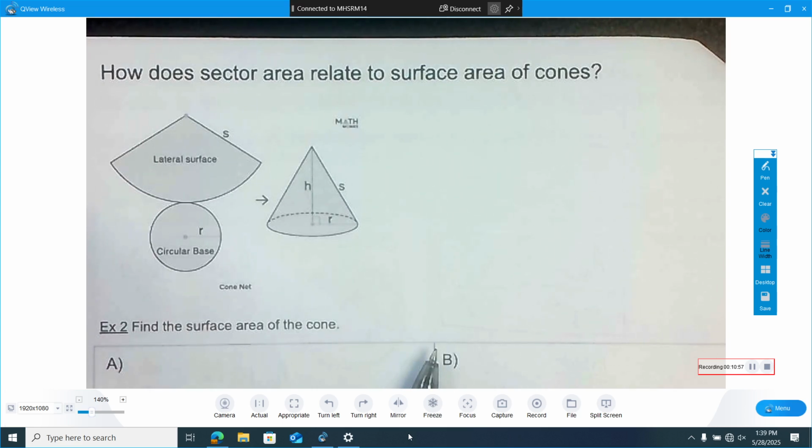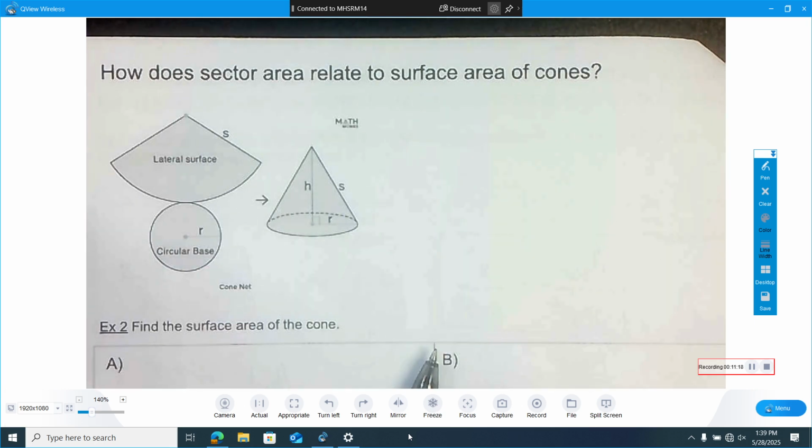We want to figure out the surface area of a cone, and surface area is like the wrapping paper. If you're trying to wrap up your cone, we want to know how much wrapping paper we're going to use.